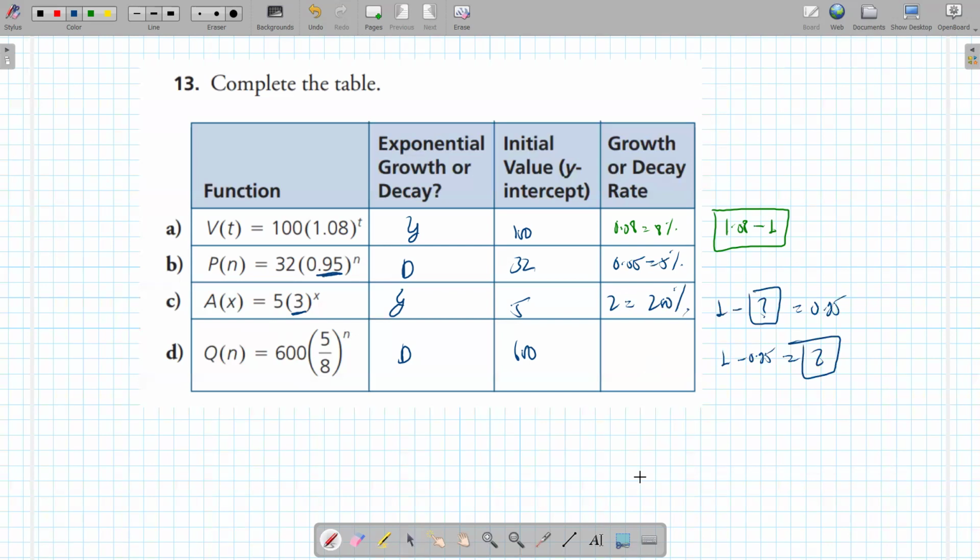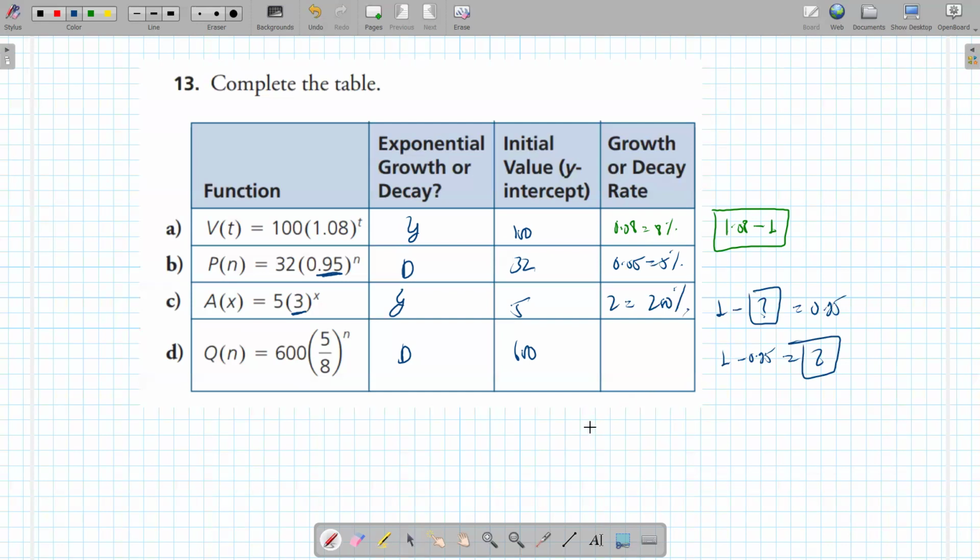Did we add or subtract, first of all? We subtract. So what did we subtract from 1 to get 5/8? A 3/8, right?